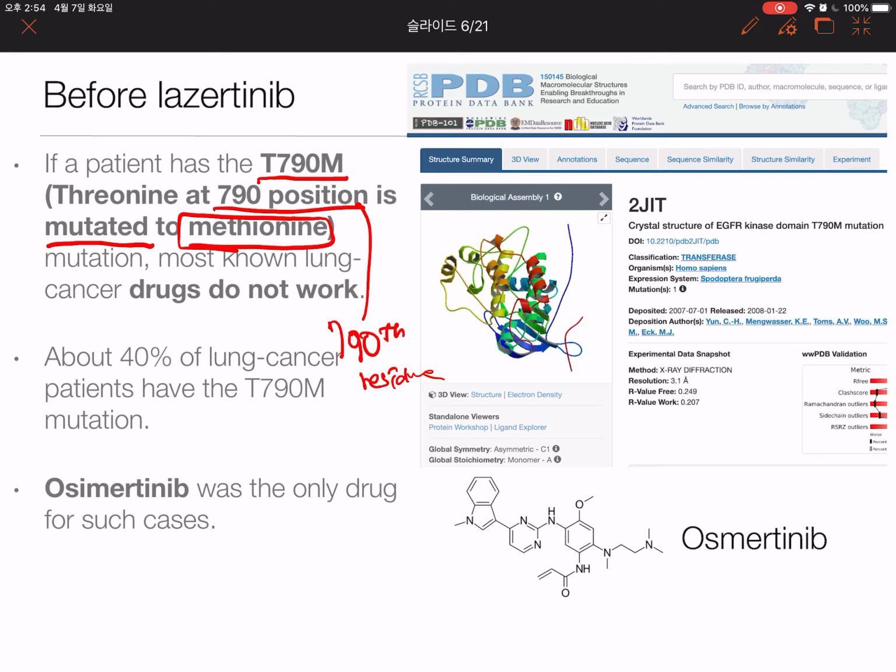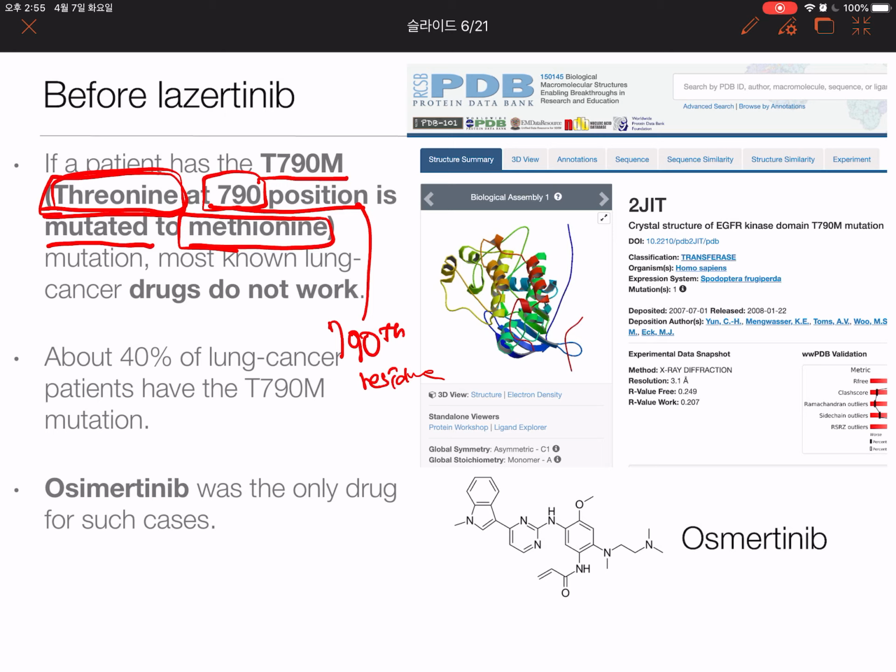If you think about what you learned in biochemistry class, a protein is a sequence, a chain of 20 amino acids, right? And threonine and methionine both are amino acids. So usually the 790th position should be occupied by threonine.